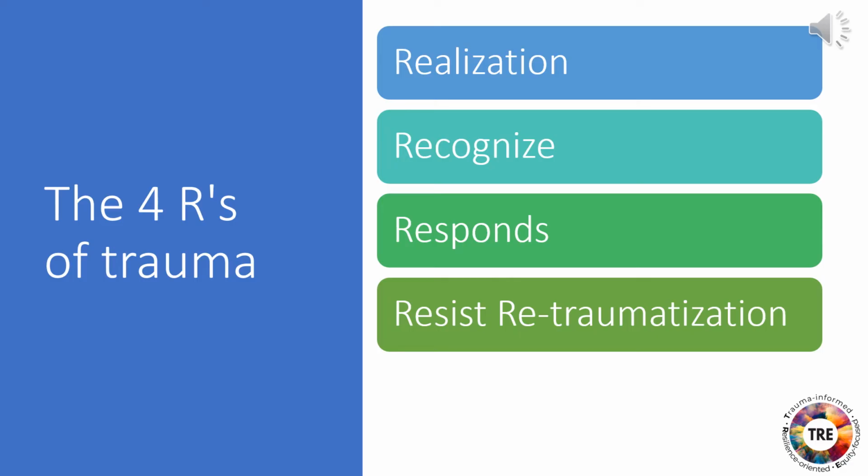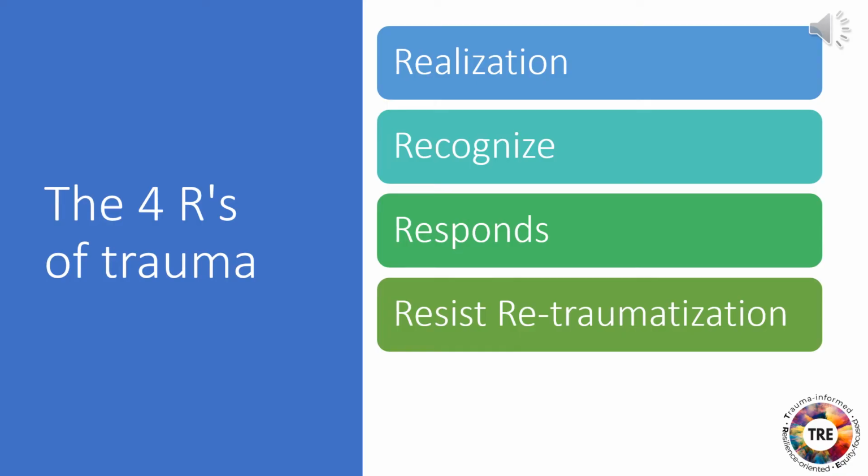The 4 R's of trauma-informed care are a crucial part of becoming trauma-informed. The first R stands for realization. Realization when relating to trauma-informed care means realizing that there is a widespread impact of trauma and that there are potential paths for recovery. The second R stands for recognizing.